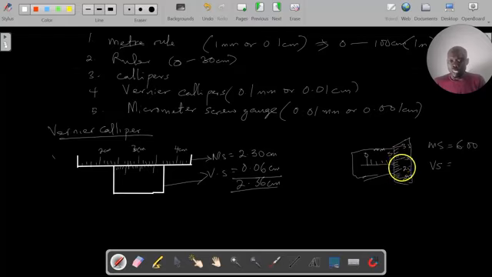If you look at it, it's in between 28 and 29, but because I drew it slightly off, it's supposed to be 29. So that's going to be 0.29. So you add it together, and this will be 6.29 millimeter. So that is how to determine the readings both on the vernier scale and micrometer scale gauge.